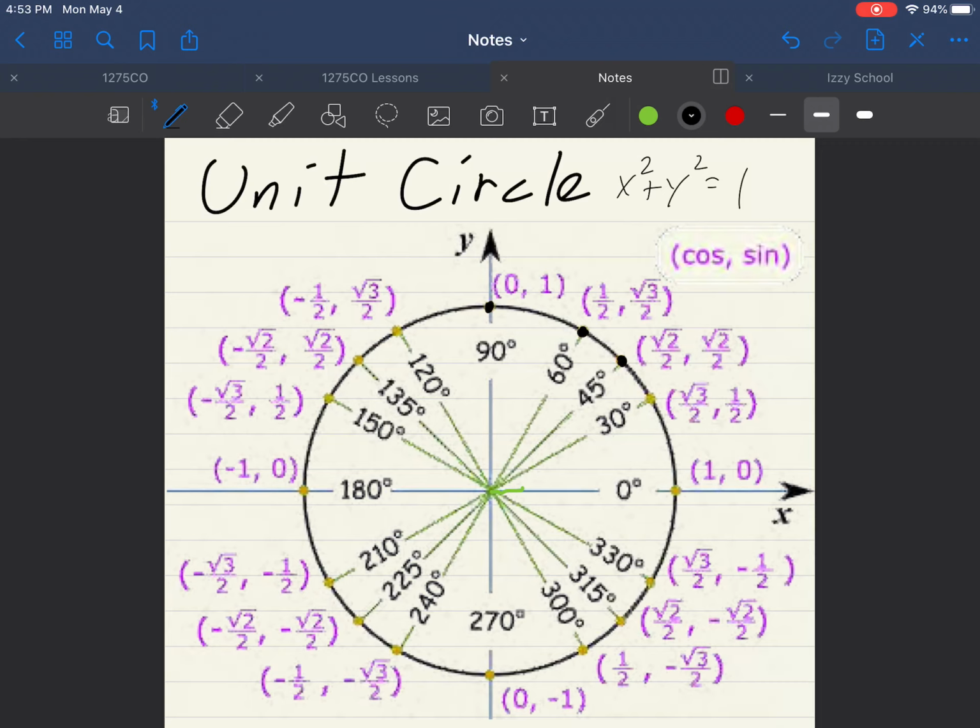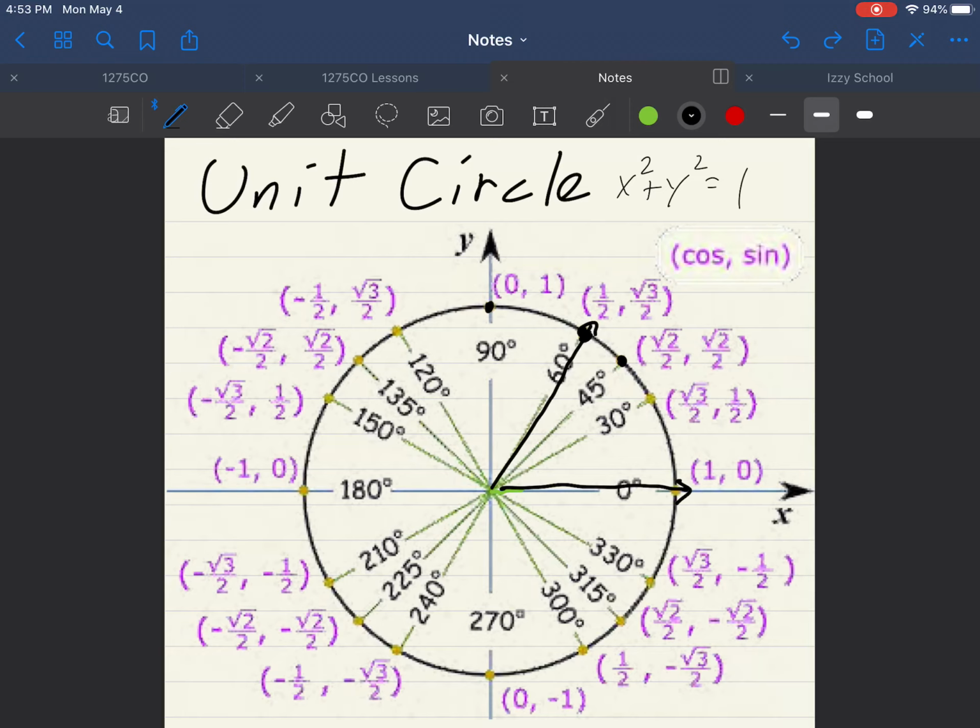If I were to draw an angle like so with the initial side in the same location, and let's say an angle over here that intersects the unit circle at this point, then it would intersect the unit circle at a point of 1/2 comma radical 3/2.